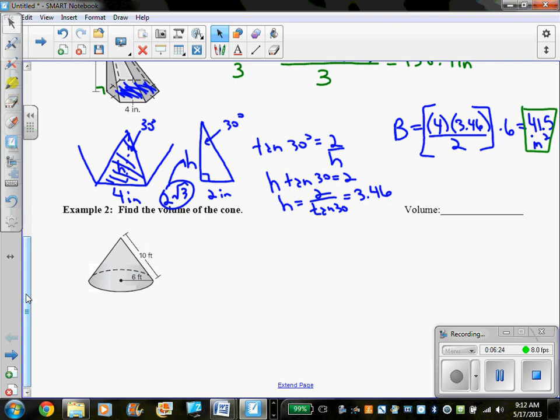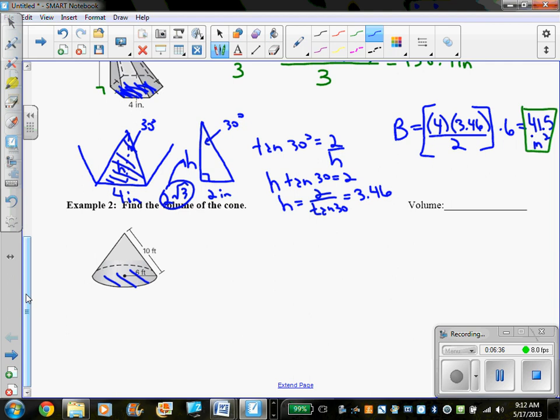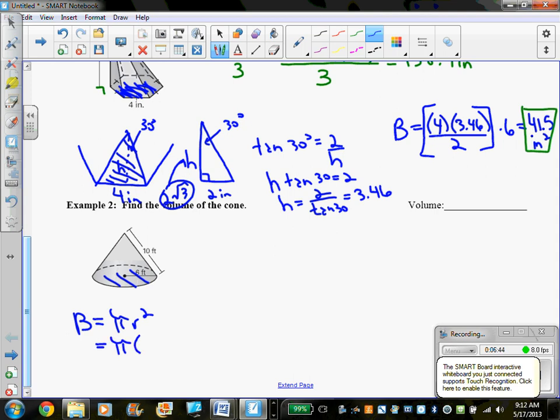Okay, so now you'll notice the cones are not much different. Again, we have to find the area of the base of the cone. The area of the base is going to be pi r squared. So that's going to be pi times 6 squared.